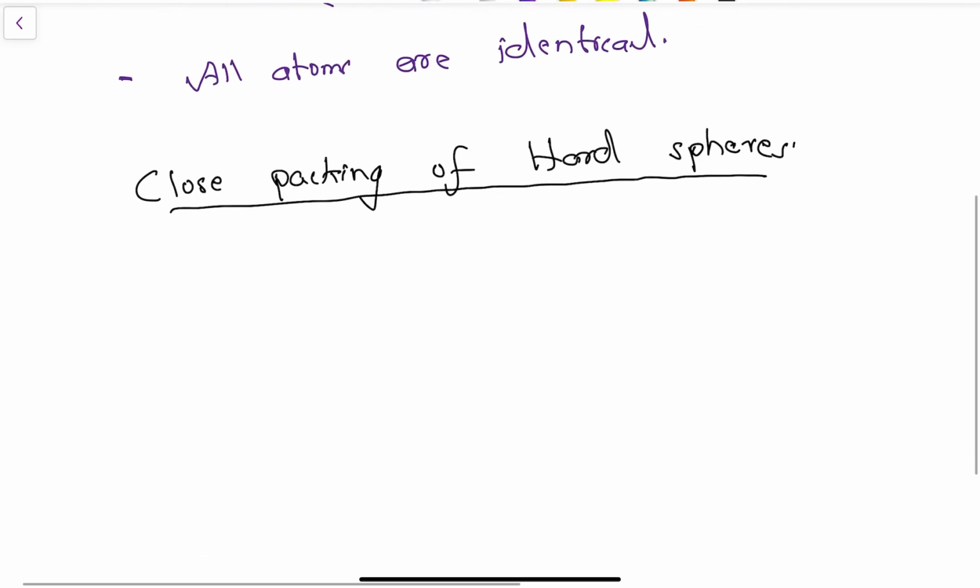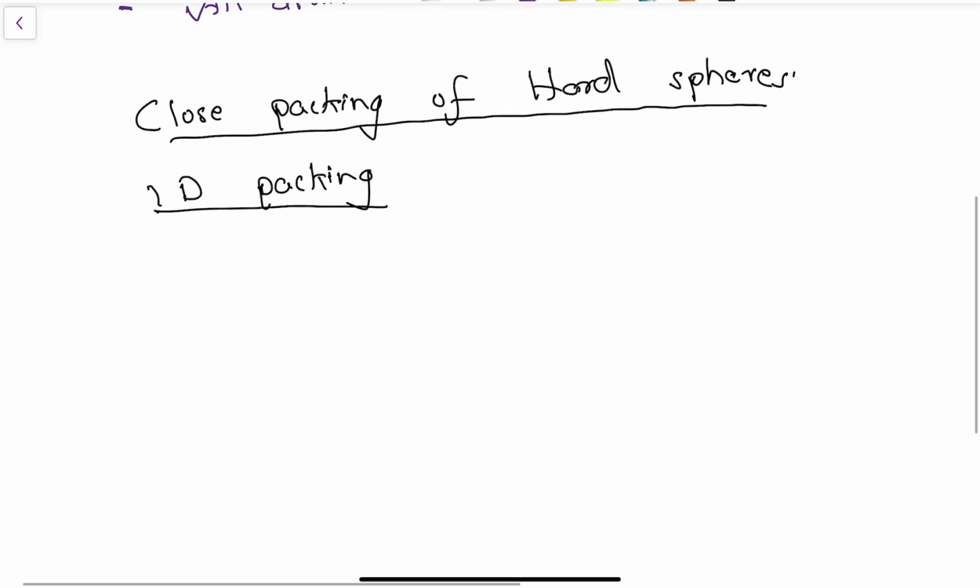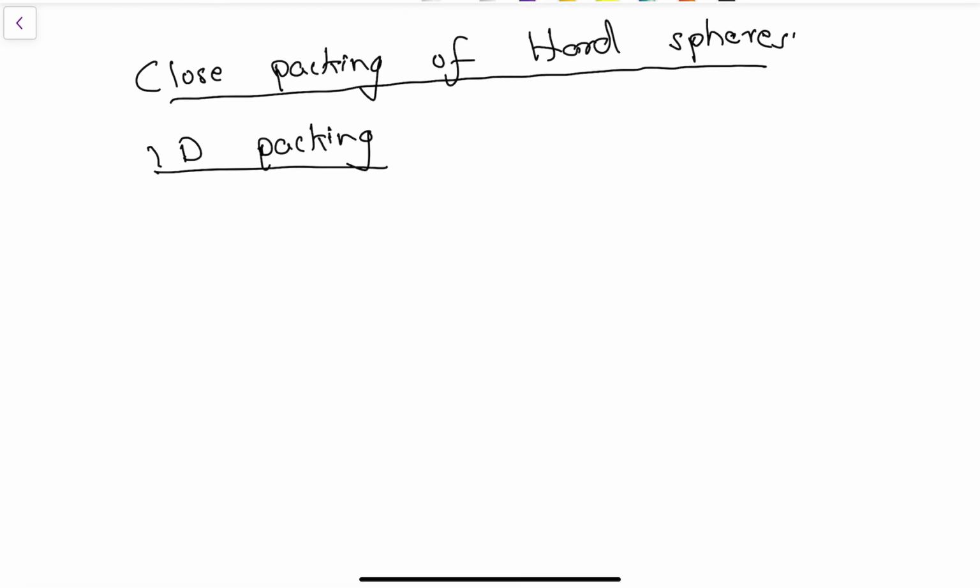Okay. So let us first take how these atoms are packed. First let us take the one-dimensional packing. So you can assume these atoms to be hard spheres, and consider only one dimension.